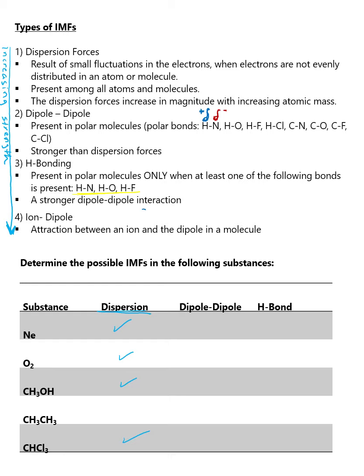The difference in electronegativity is not going to give you a polar bond because you have the same value, which means that the difference in electronegativity is going to be 0. That's not a polar bond, that is a non-polar covalent bond right there. So you don't have any polar bonds in your oxygen molecule, so you don't have dipole-dipole.